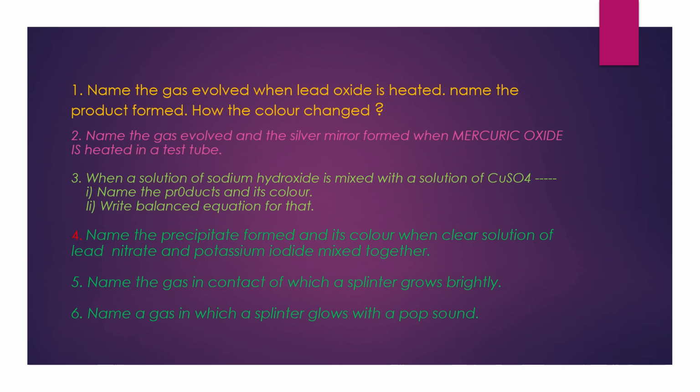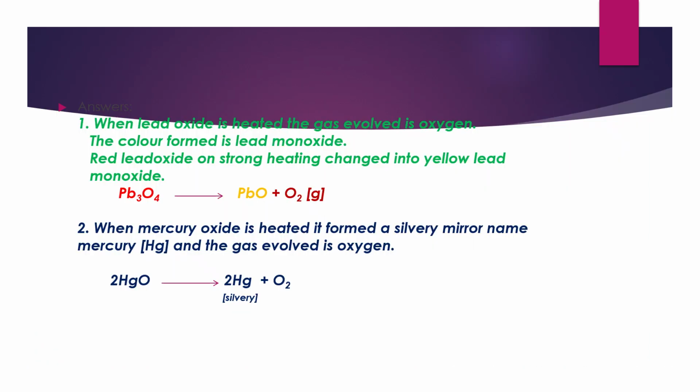You know a pop sound will come when it is hydrogen gas, and oxygen makes a splinter glow more brightly. All these things you can solve yourself. In the slide you can see some important reactions with some questions. When lead oxide is heated, the gas evolved is oxygen. Pb3O4 will give you PbO, that is lead oxide, and oxygen gas.